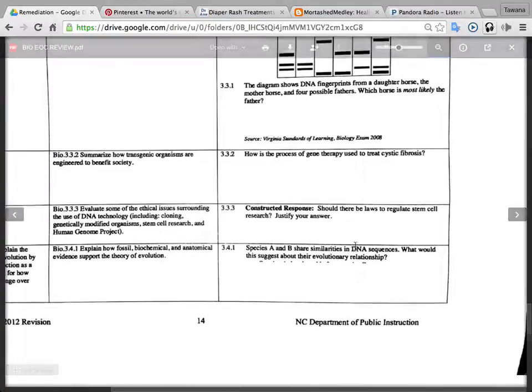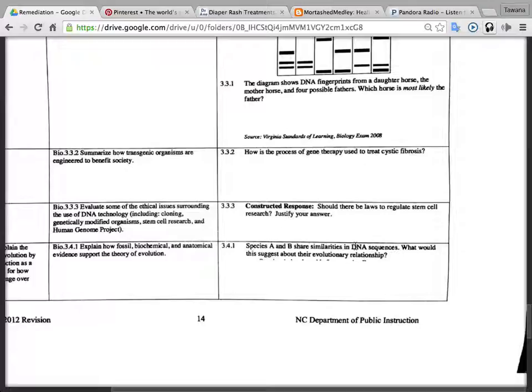All right. Looking at 3.3.2. How is the process of gene therapy used to treat cystic fibrosis? Remember, gene therapy is actually now looking at the genes and doing something with them. In this case, we want to replace the abnormal gene with a copy of a normal gene.